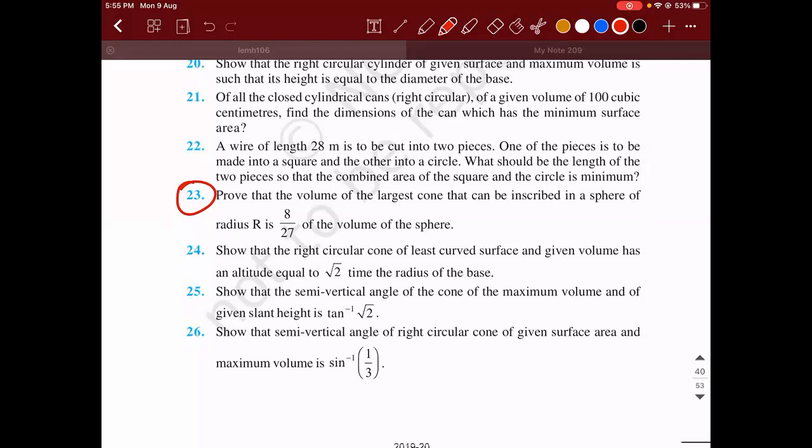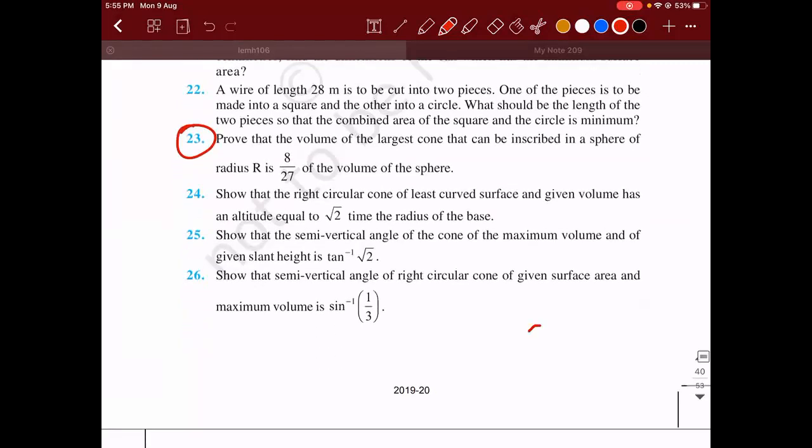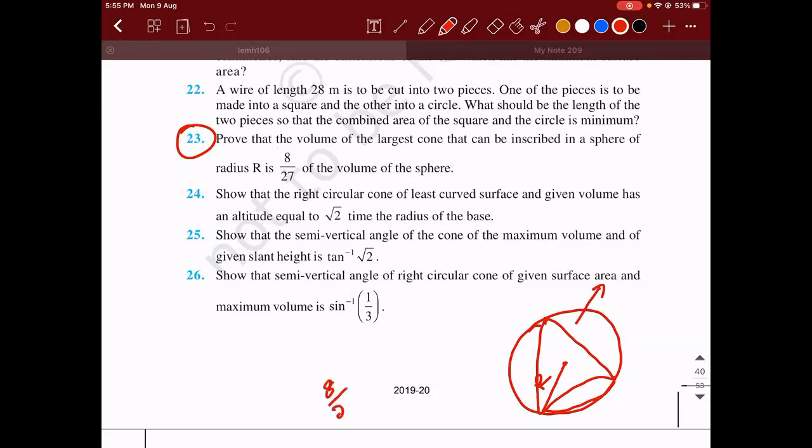Please check this. Prove that the volume of the largest cone that can be inscribed in a sphere of radius capital R. So you have a sphere of radius capital R, and you need to inscribe a cone into it. This cone should have the largest volume. If that is the case, then we need to prove it is 8 by 27. So what are we supposed to prove? Volume of the cone is equal to 8 by 27 times the volume of the sphere. How to proceed?